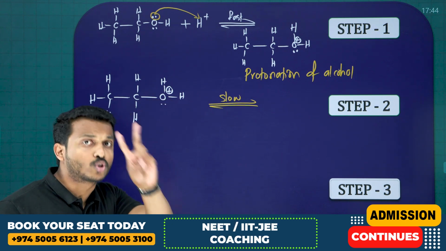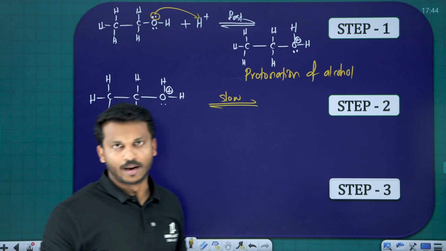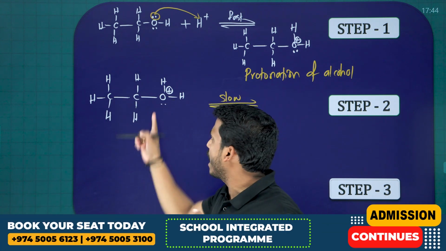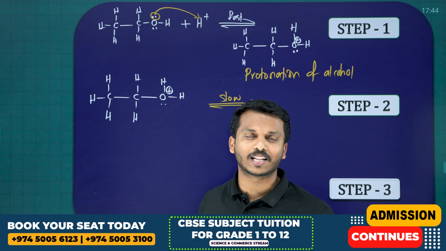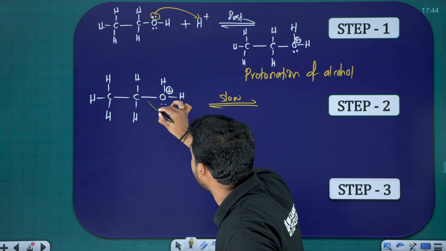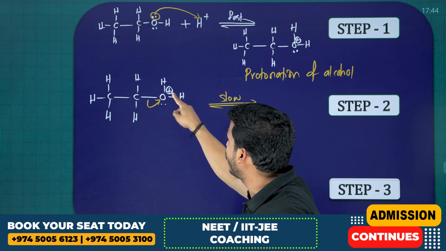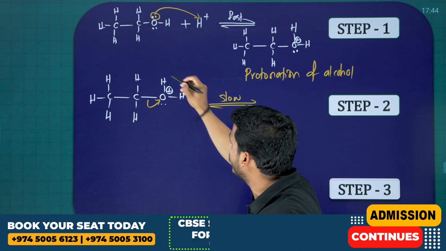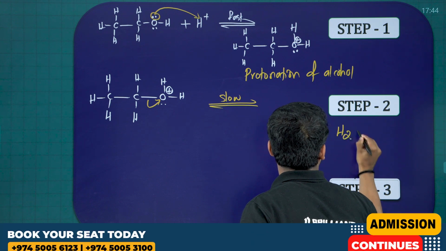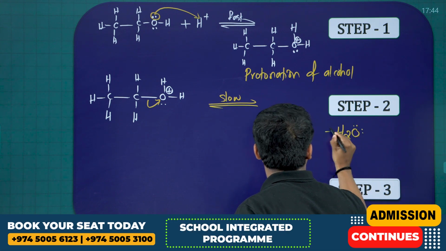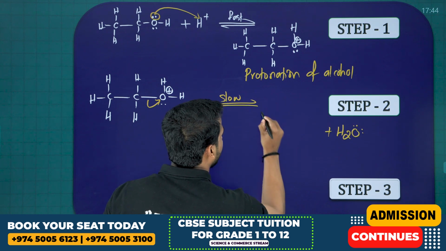In step number 2, oxygen is an electronegative element, and oxygen carrying a positive charge is highly unstable. So how can we cancel the positive charge on oxygen? Break this bond, so oxygen takes that electron and the positive charge cancels. What is this part here? H2O. So H2O is the byproduct. What is the main product here?